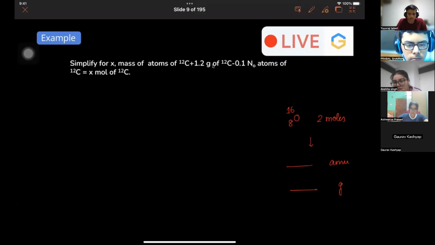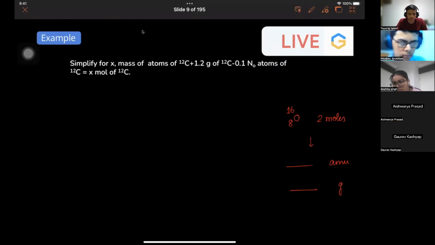Yeah, so now people are making mistakes here. If you are typing 32 AMU, or typing 32 by NA gram, that's a problem. That's why I'm again repeating, please pay attention to the fundamental concept. If you have 2 moles of O16, what is the mass going to be? So I'll say 16 gram per mole.